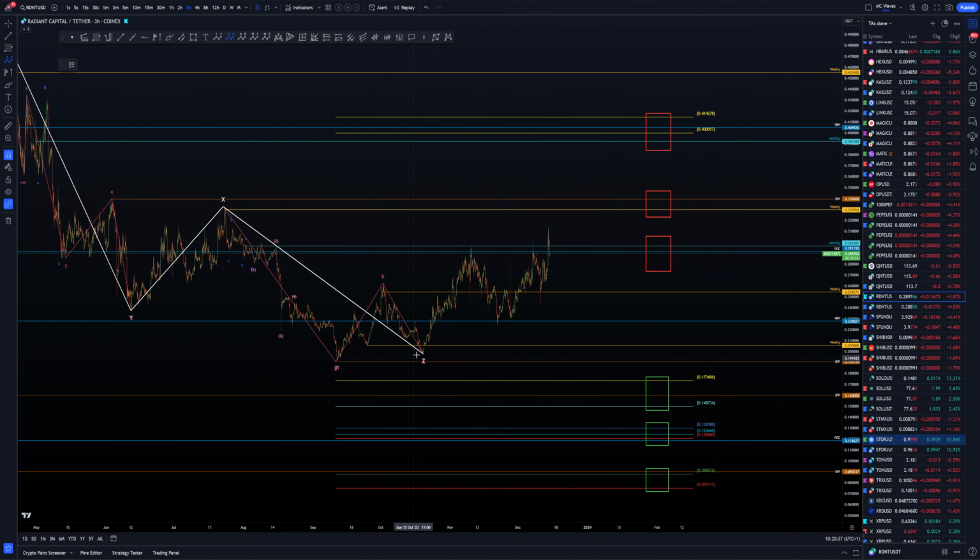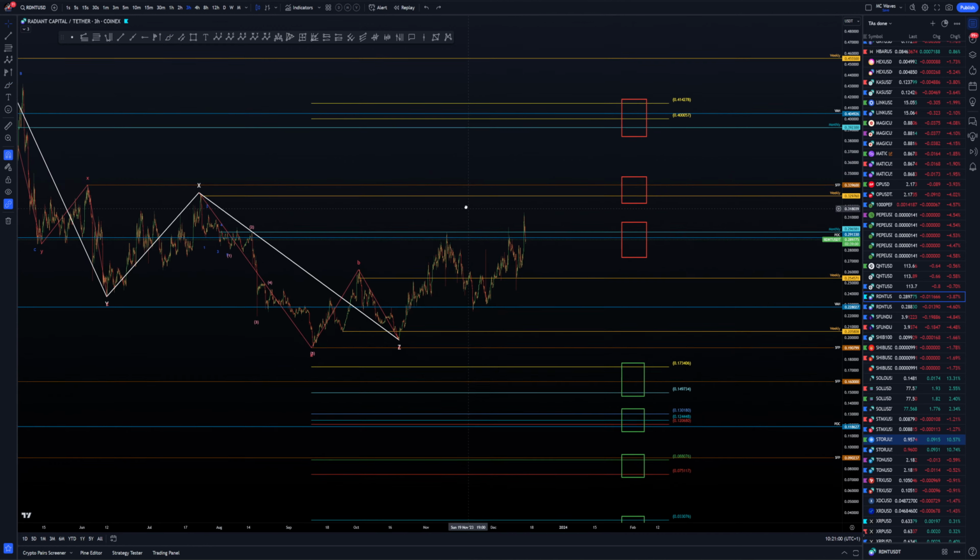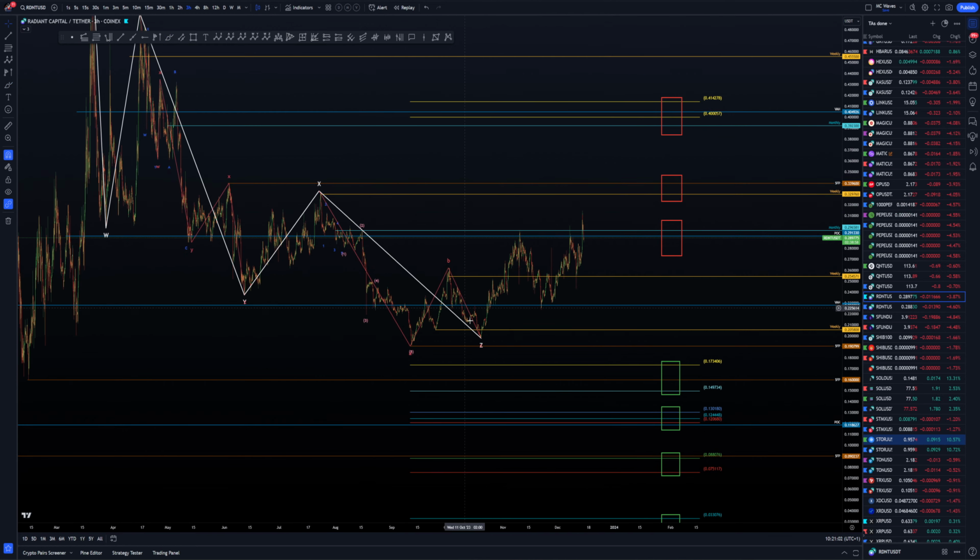Because this can be taken as an ABC. Let's say 1, 2, 3, 4, 5 with a crazy expanding leading diagonal, with another 1, 2, 3, 4, 5. So ABC zigzag, with an ending here, by the way. And otherwise, a bullish path will be a wave 1, 2, and another wave 1, 2 here, I guess.